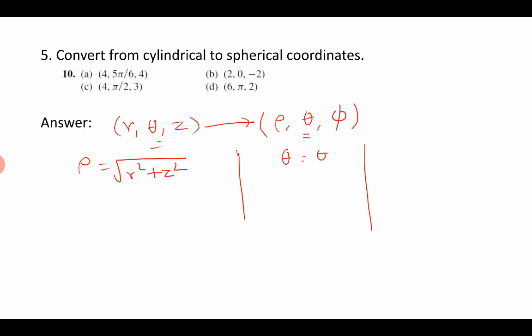The formula for phi, we have phi is tan inverse r over z, isn't it? That is it. Now substitute the values. That's all. Rho will be the square root of r squared. What is your choice? Problem number 10 from the textbook. Actually in our count it is 5.